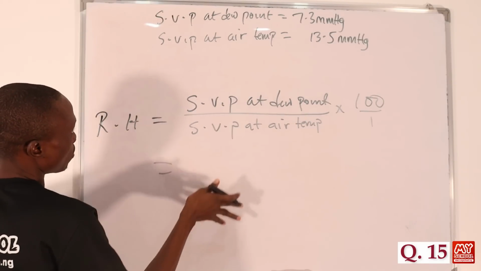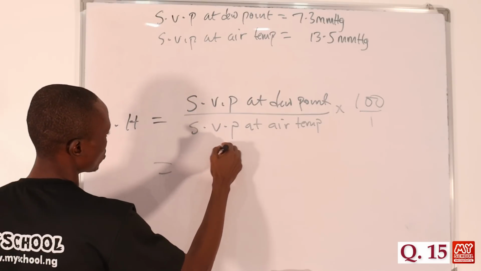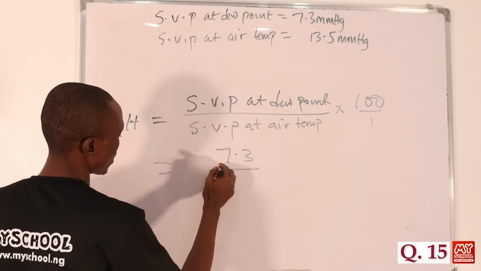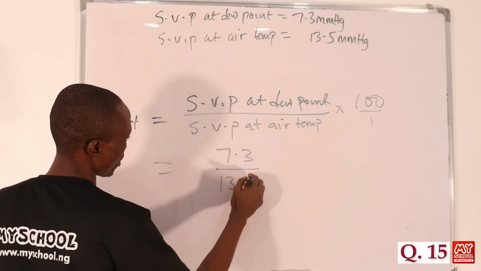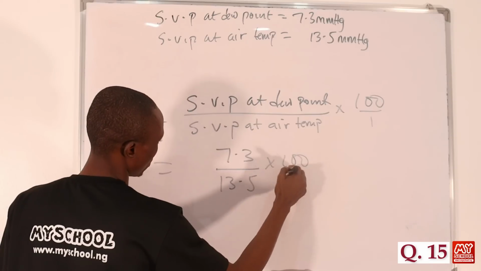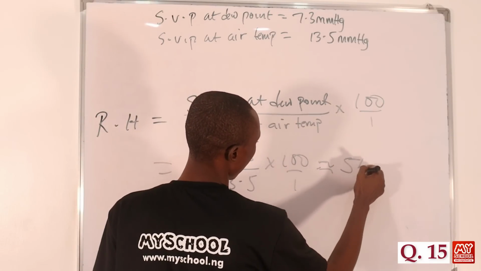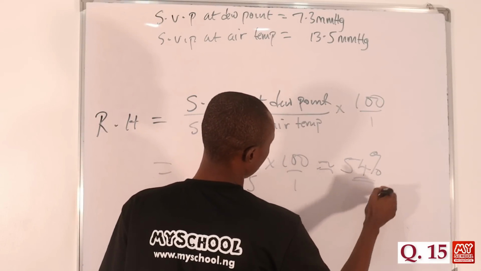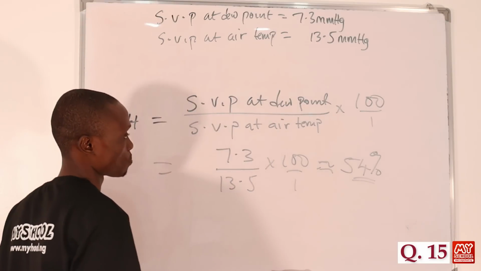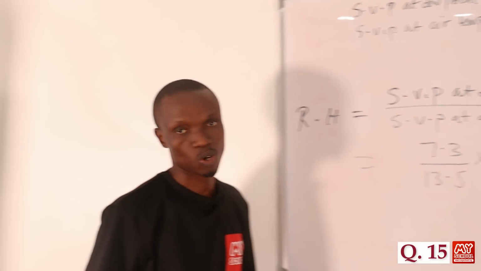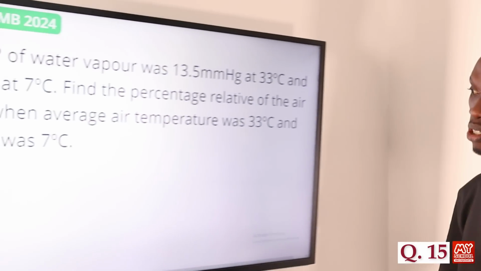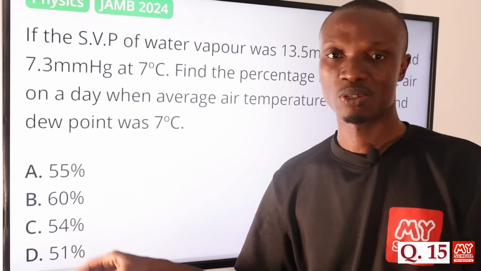So we just substitute our values to get our answer. In this case, we have 7.3 divided by 13.5 times 100, and this will be approximately equal to 54%. Okay, so let's return back to the screen to pick the correct answer to this question, and that is option C, 54%.